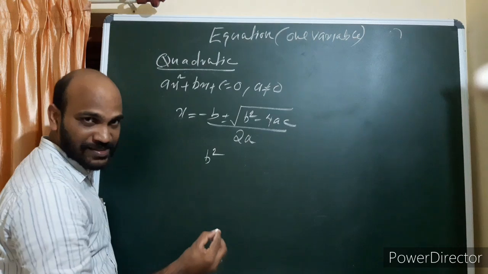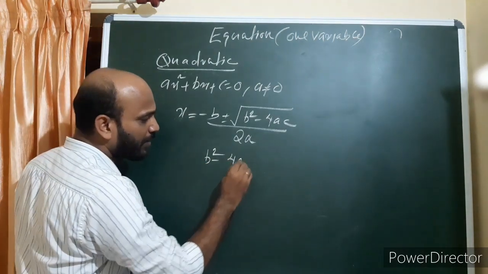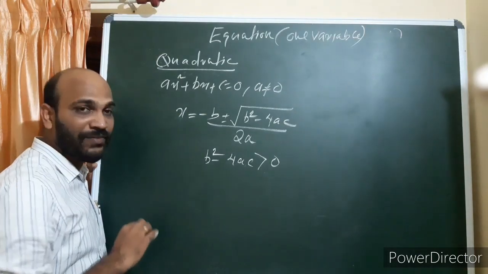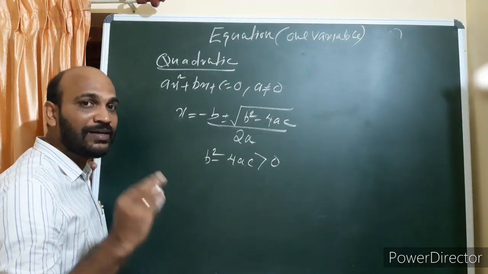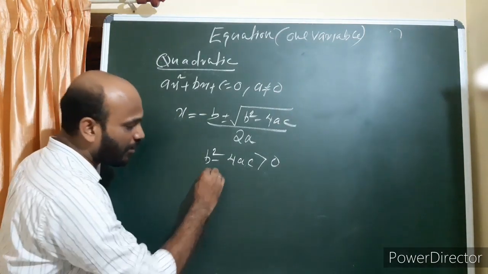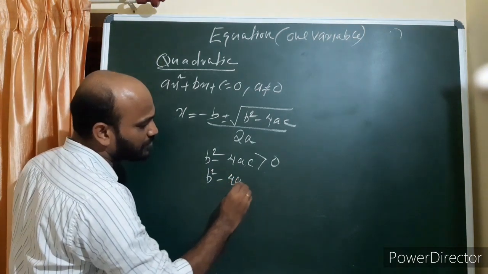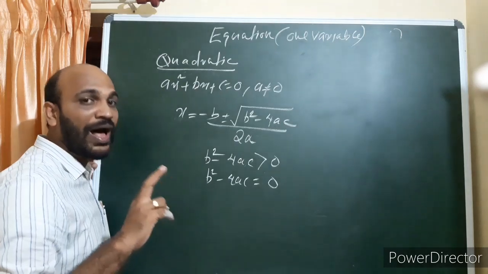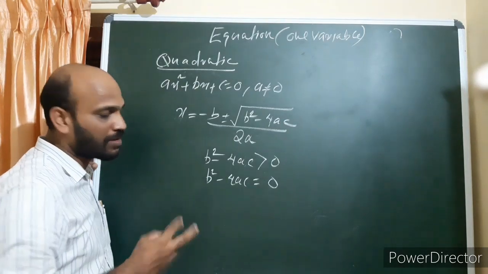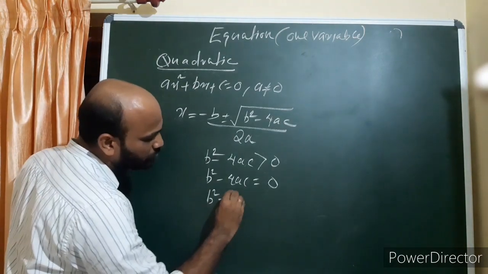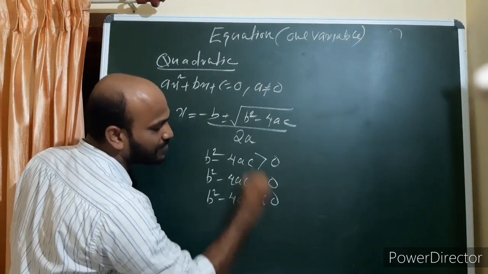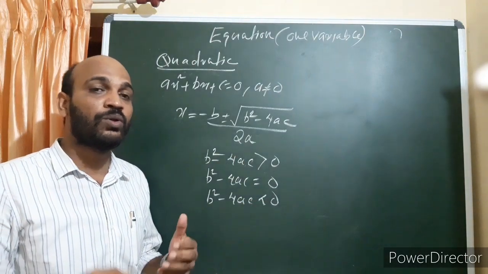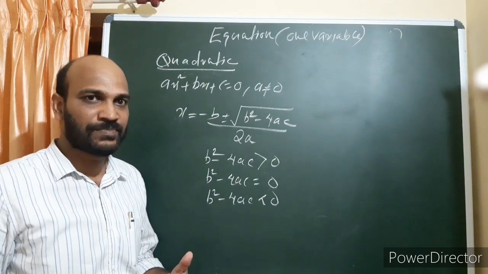There are different cases. If b square minus 4ac is more than 0, the equation has two different real roots, right? If b square minus 4ac equal to 0, the equation has two identical real roots. And if b square minus 4ac is less than 0, there are no real solutions.